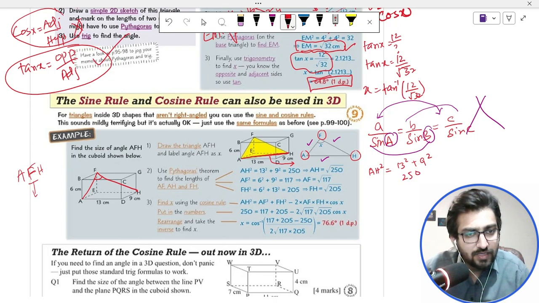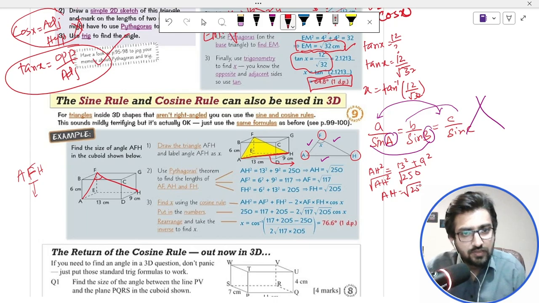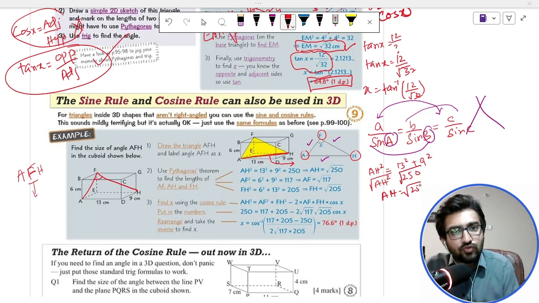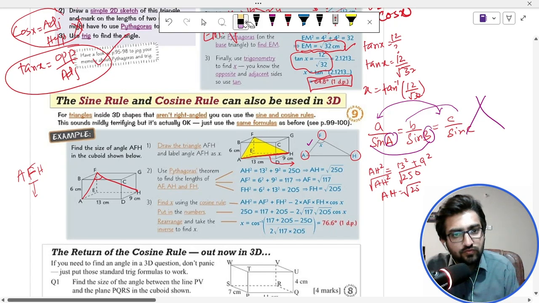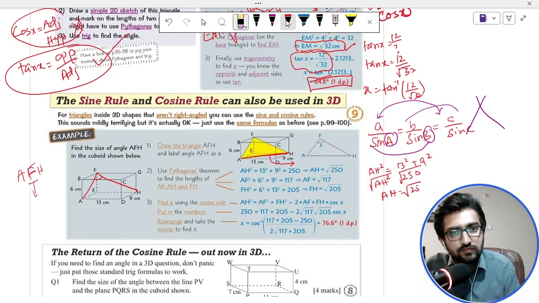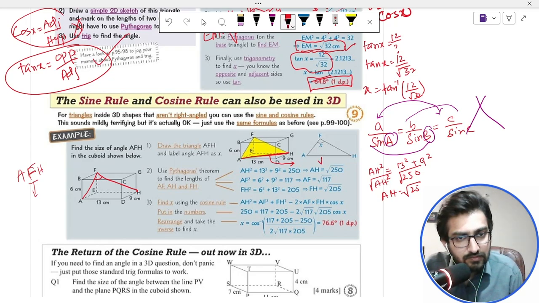And we want to find out AH, so take square root both sides. So AH is equal to under root 250. So I will write under root 250 here.